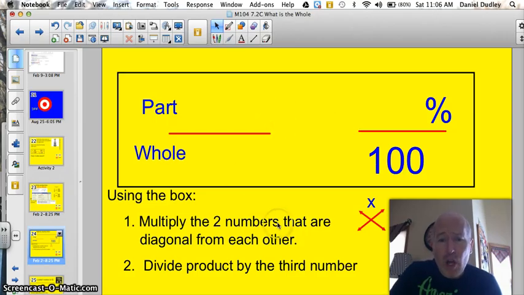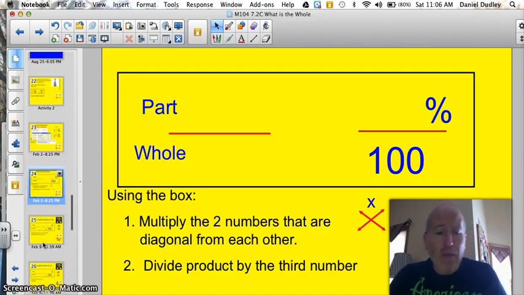So first of all, multiply the 2 numbers that are diagonal from each other, either going this direction or this direction. And then take that product, whatever it equals, and divide it by the top number or the third number, whichever that is. So first multiply the numbers that are diagonal, divide by the third number. Those are the basic rules.